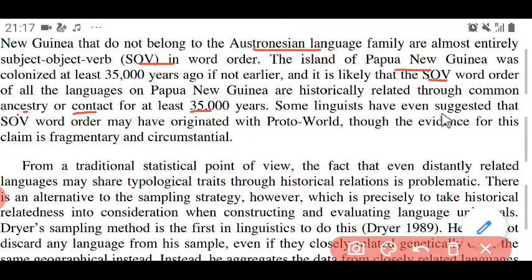Some linguists have even suggested that SOV word order may have originated with proto-world, though the evidence for this claim is fragmentary and circumstantial. From a traditional statistical point of view, the fact that even distantly related languages may share typological traits through historical relations is problematic.